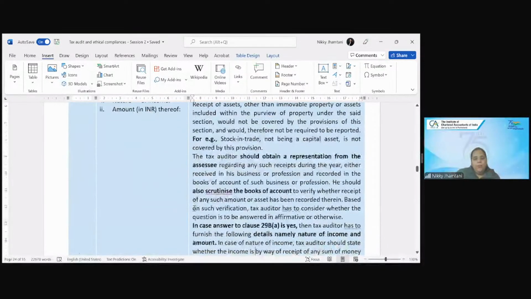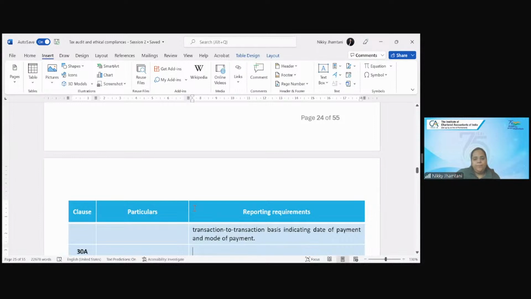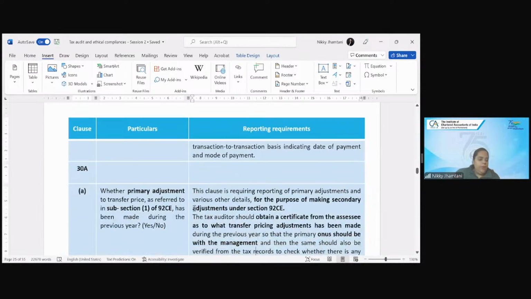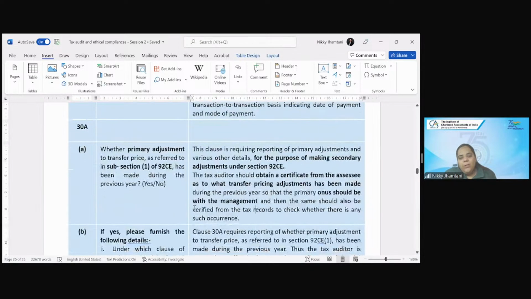Then moving forward to clause 30A regarding transfer pricing. Whether a primary adjustment to transfer price as referred to in sub-section 1 of 92CE has been made during the previous year, yes or no. This clause requires reporting of primary adjustments and various other details for the purpose of making secondary adjustments under section 92CE.